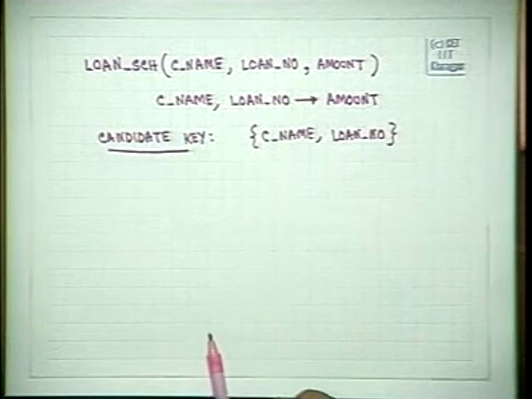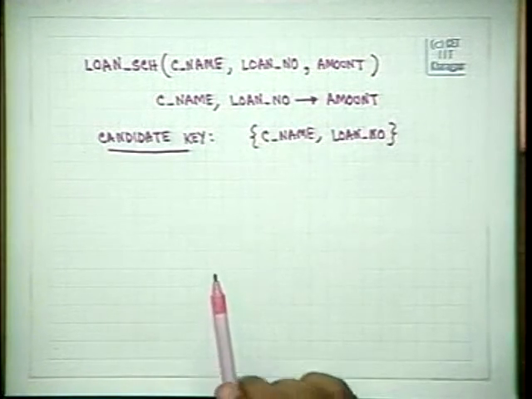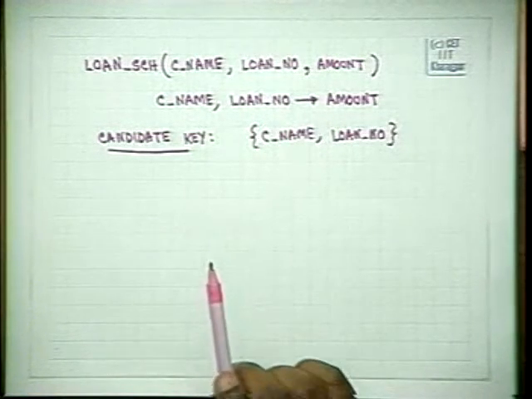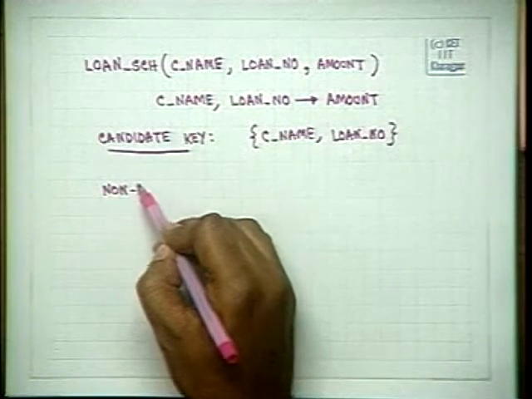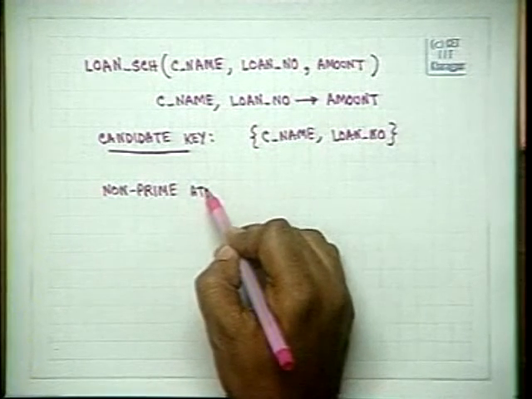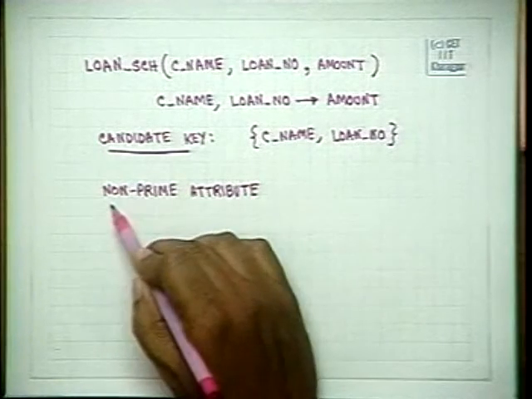This is the primary key of this relation scheme, because neither CNAME nor loan number alone is a key. Now, what is a non-prime attribute?